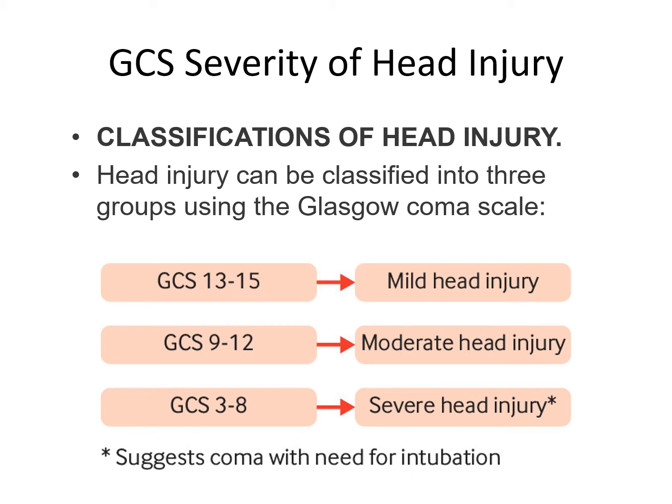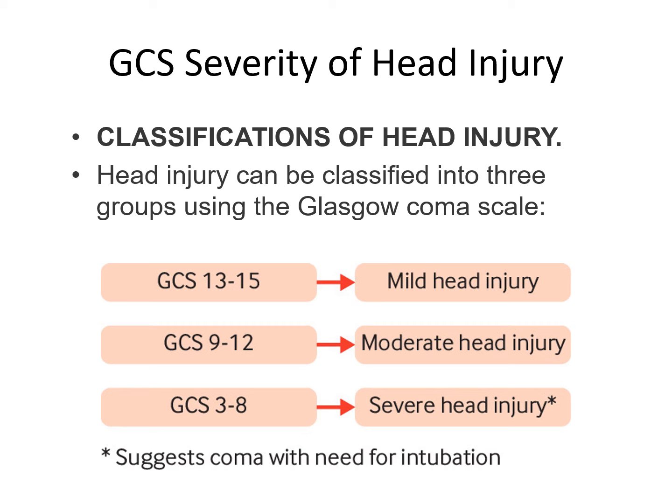So here we have the severity of their head injury based on their Glasgow Coma score. It can be classified into 3 groups: mild, moderate, and severe. The highest score we said was 15. So 13 to 15 means mild head injury. A score of 9 to 12 is moderate head injury.